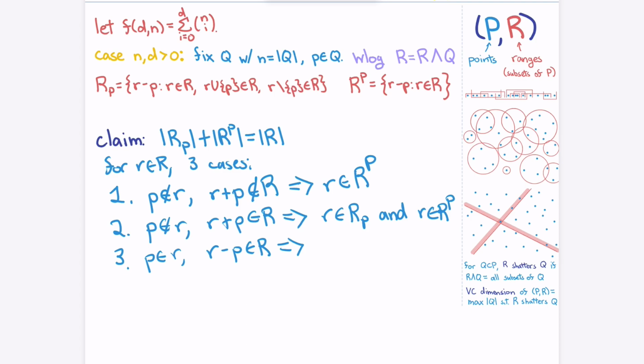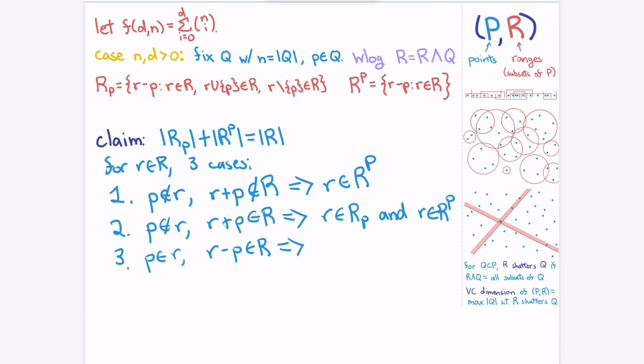Or maybe here's another explanation. Imagine you start with R, right? And at some level, you first want to make a range space that doesn't include P. So I'll take all the ranges and remove P, and then I would get R super P. And then there's some double counting, some colliding, right?